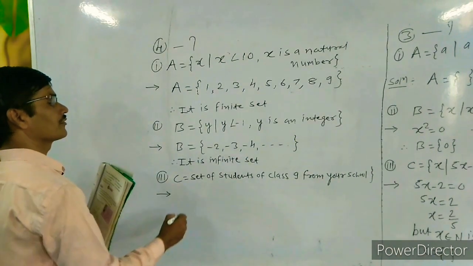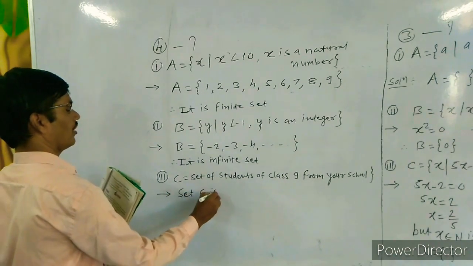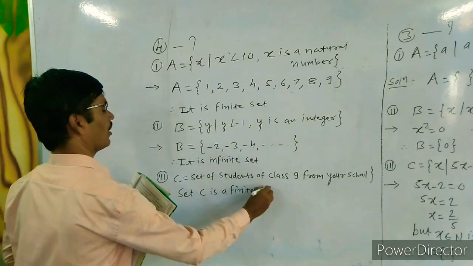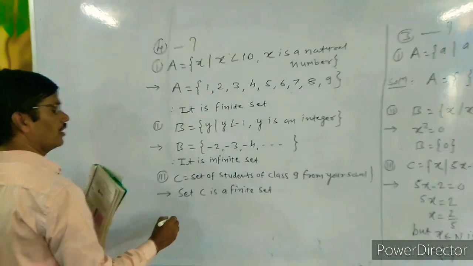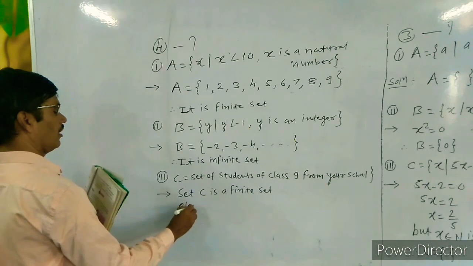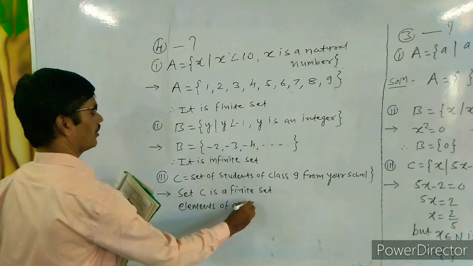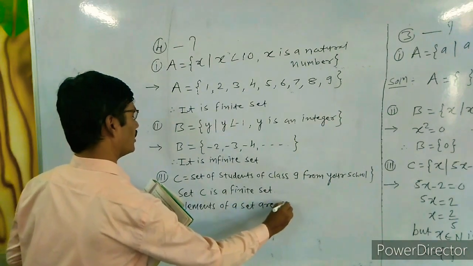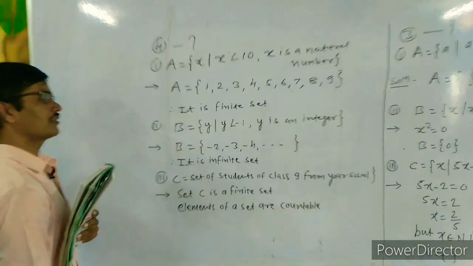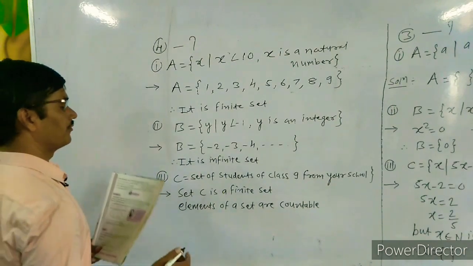Set C is a finite set because elements are countable. How many students are there in your 9th class will be countable.